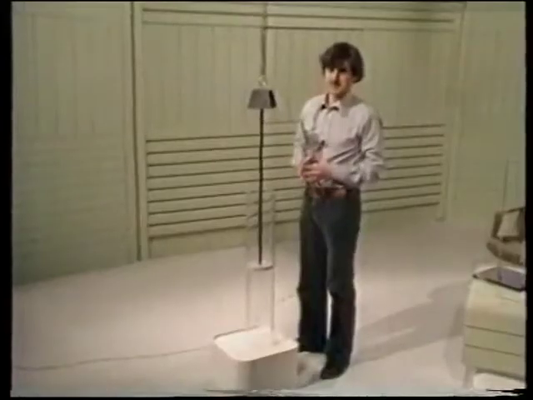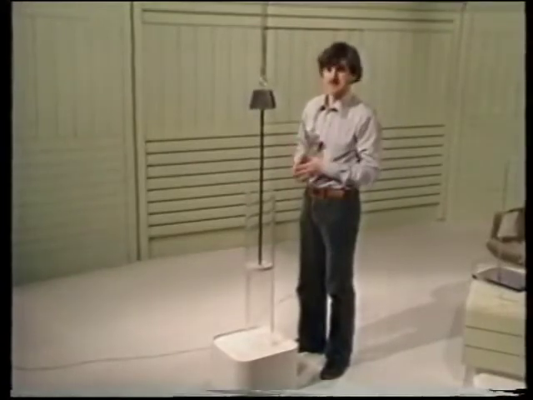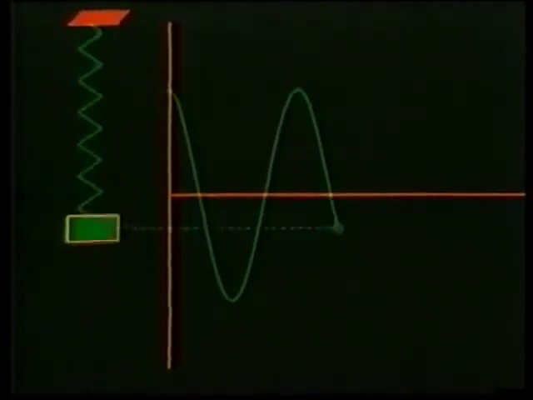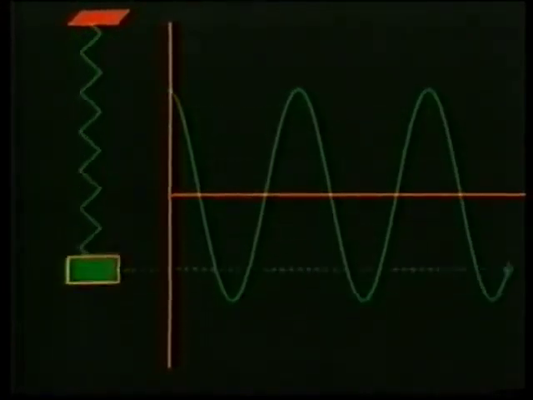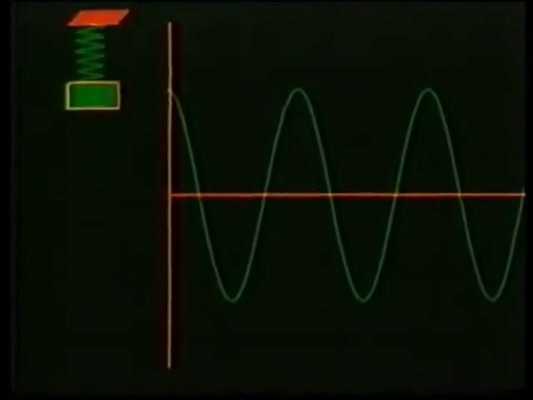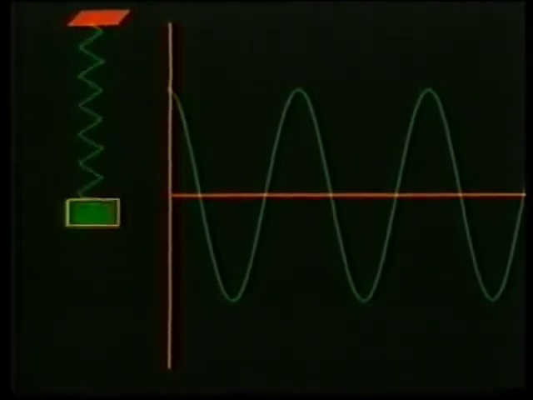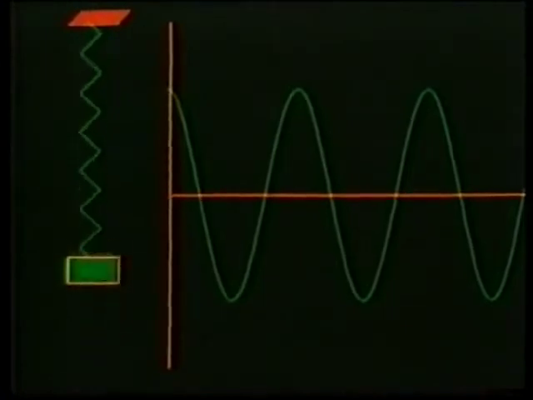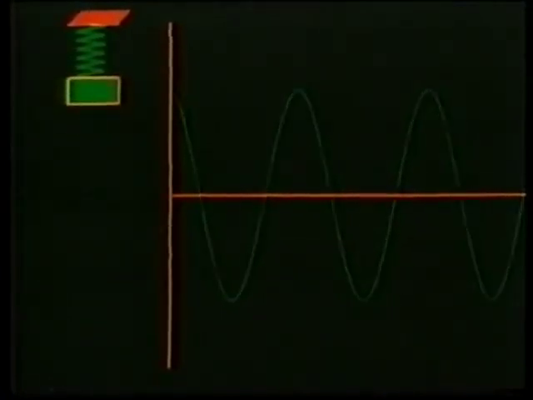So now let's look at the behavior of spring mass damper systems. We started with an undamped system. Taking damping into account in our model, the effect is to cause the amplitude of oscillation to die away.